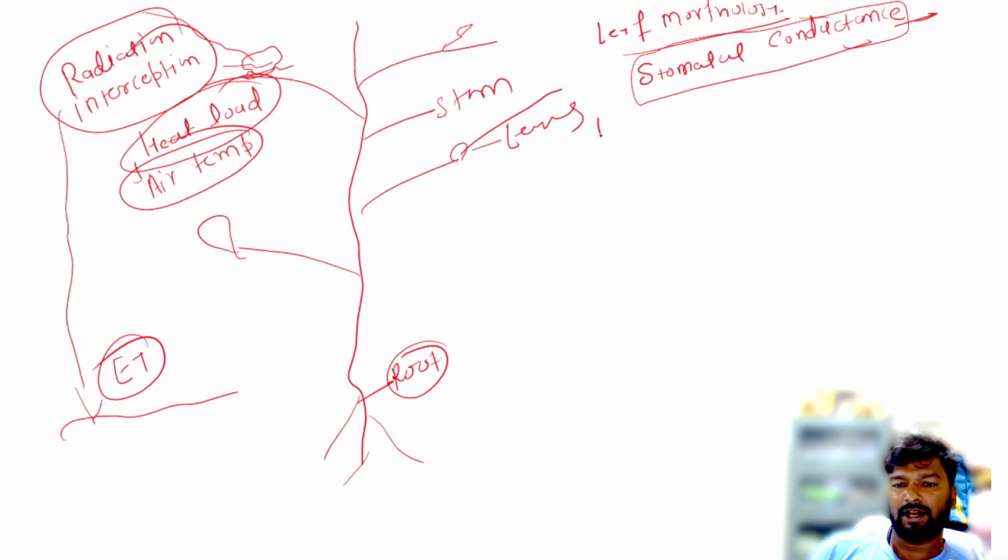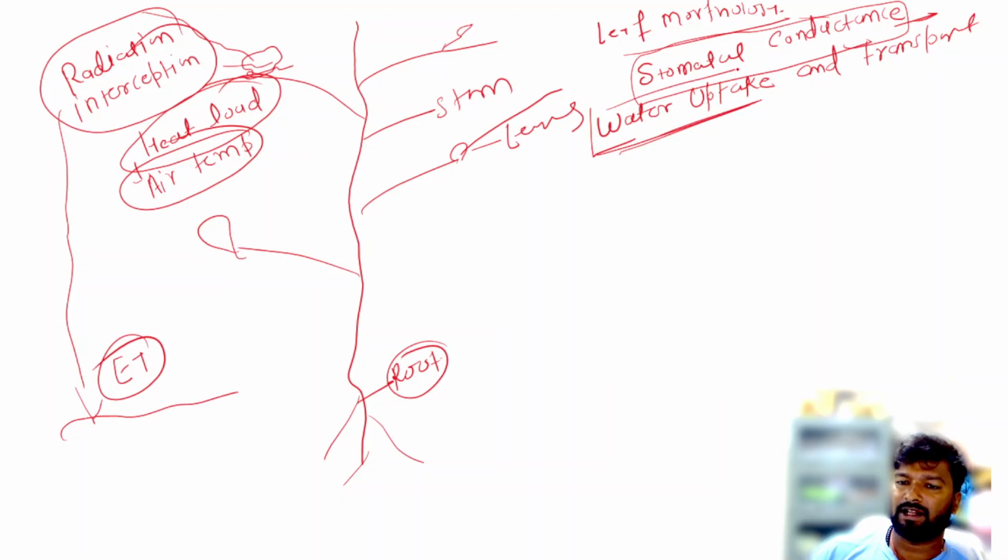Then also the water uptake and transport, meaning how efficiently the plant can take up the water and transport it to the leaf surface. Also the resistance.